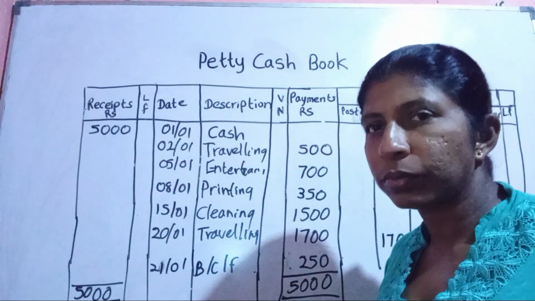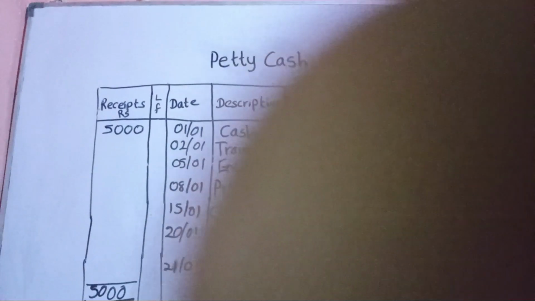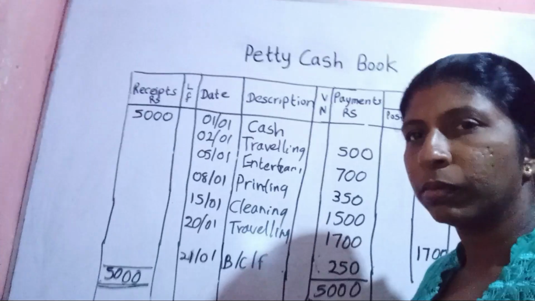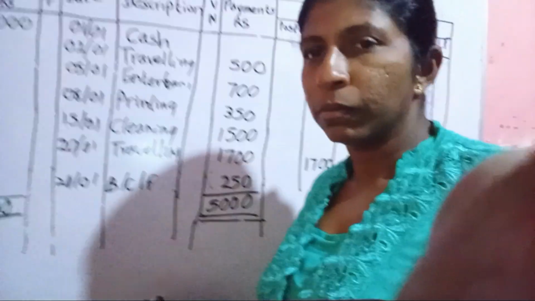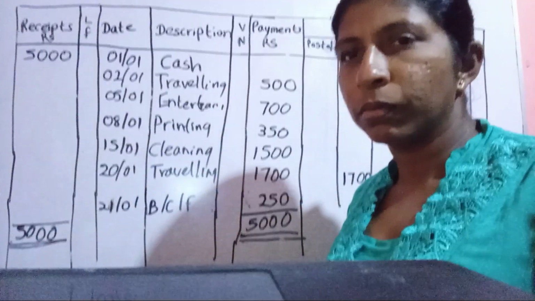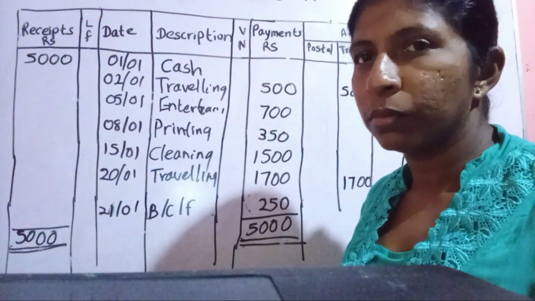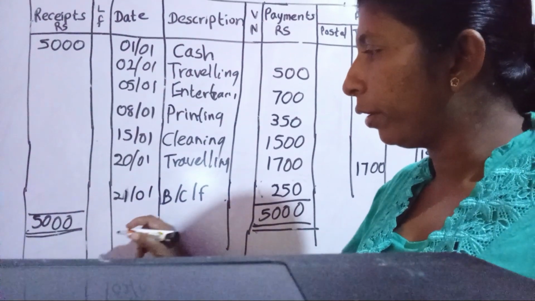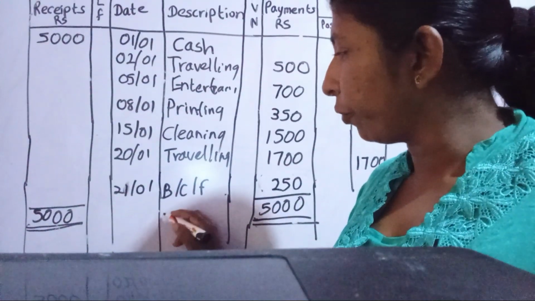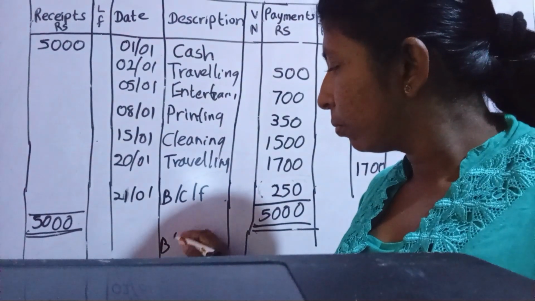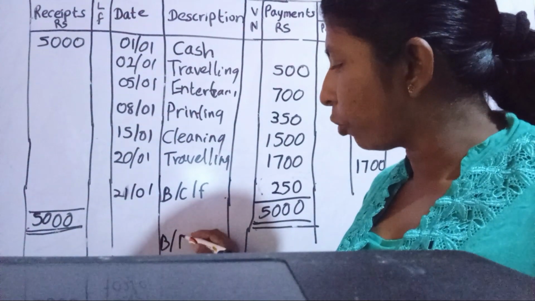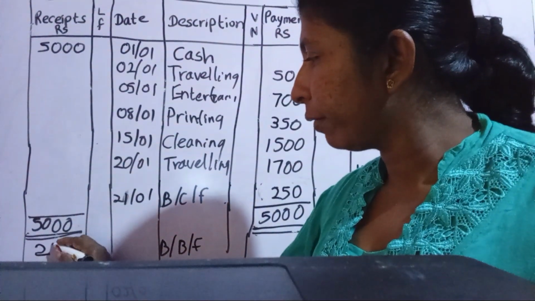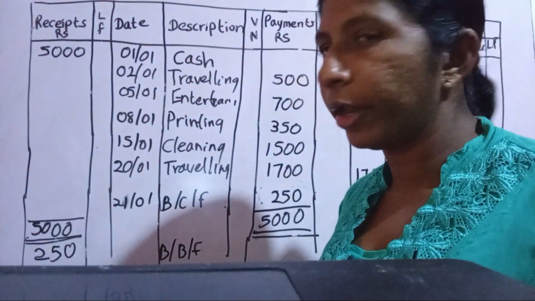Here you have to write balance brought forward, and take this balance here, write this balance 250 again here.